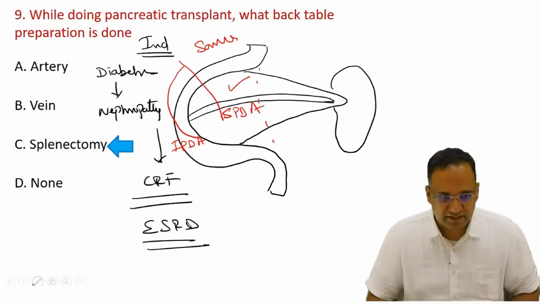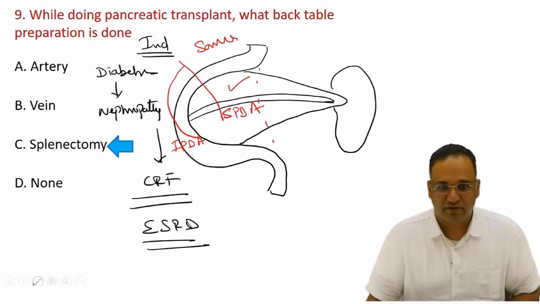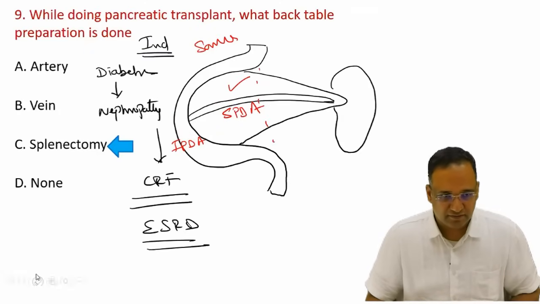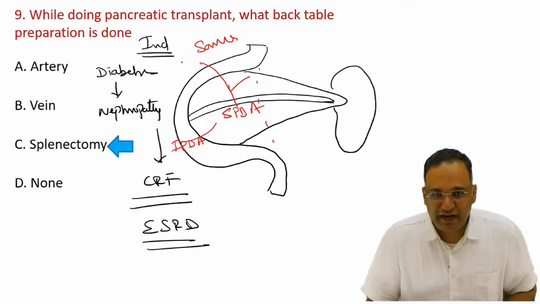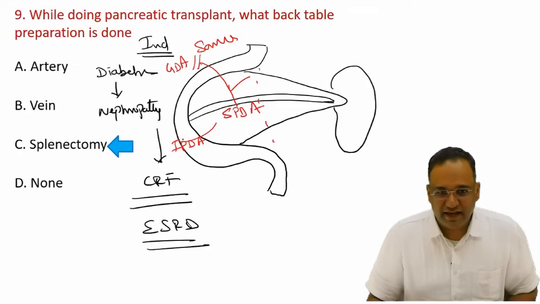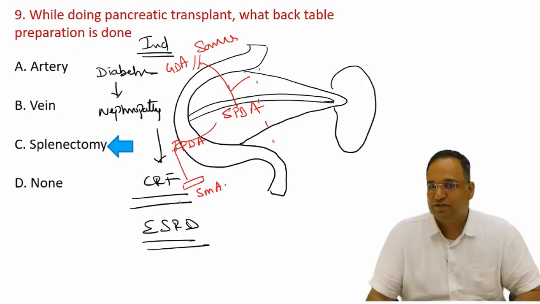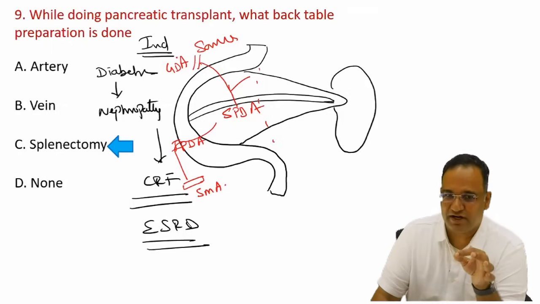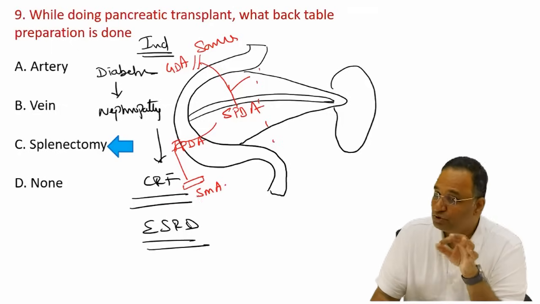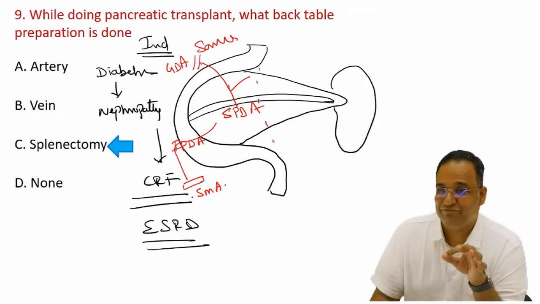Now, very important: the superior pancreaticoduodenal artery is a branch of the gastroduodenal artery. The inferior pancreaticoduodenal artery is a branch of the superior mesenteric artery, its first branch.